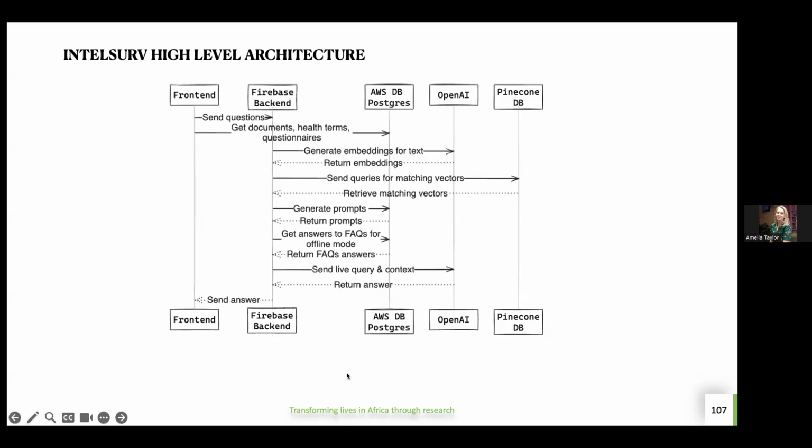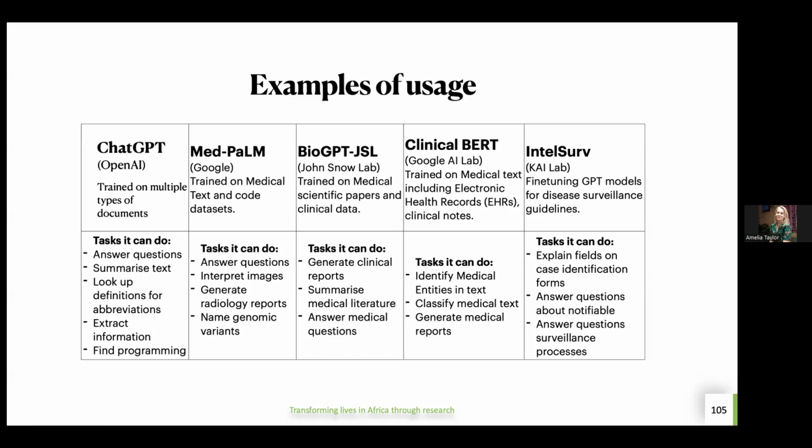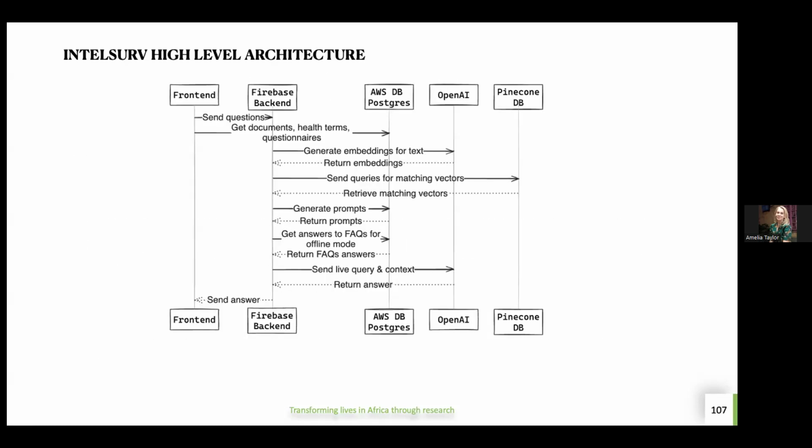Okay, oops. So our tool, as I said to you, is called InterServe, and I will show you a little bit how it works. It's still under development, but these are the things that we had to put into this tool. I know that this takes us to a slightly different level, but the application has the front end, so you'll have to have some kind of UI or interface, and you'll need to have a database.